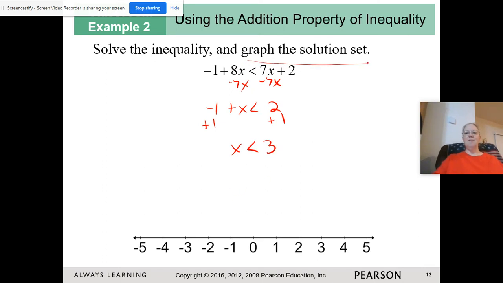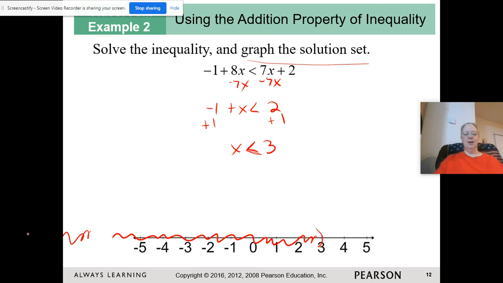It says graph the solution set, and when you do your homework, all you have to do is whatever the directions say. It's either going to ask for interval or a graph, usually not both, sometimes both. But for practice, we're going to give both the graph and the interval notation. Notice it does not have the equal to symbol underneath, so I'm going to use parentheses.